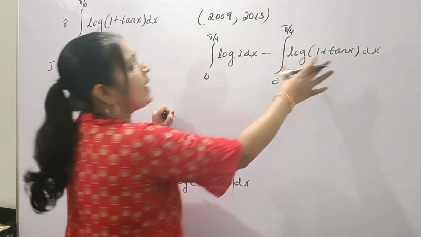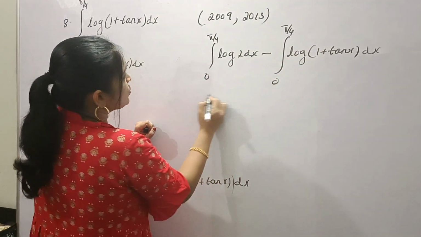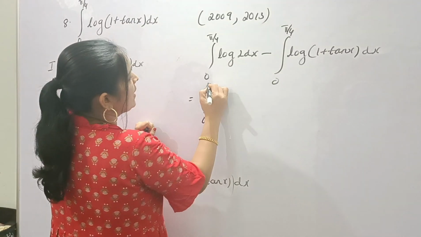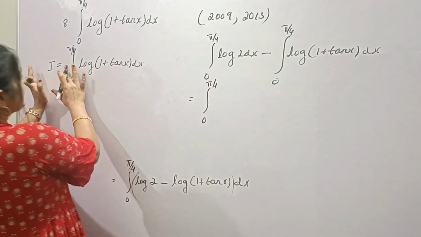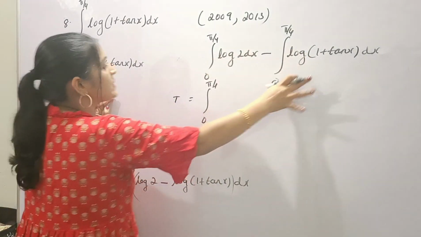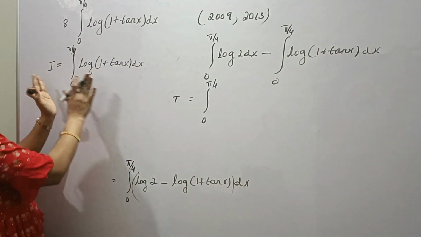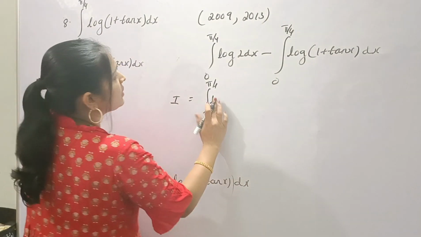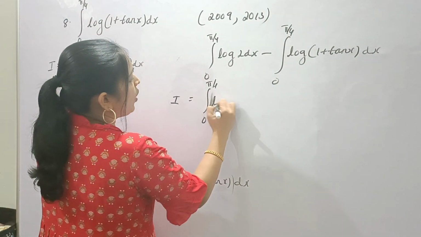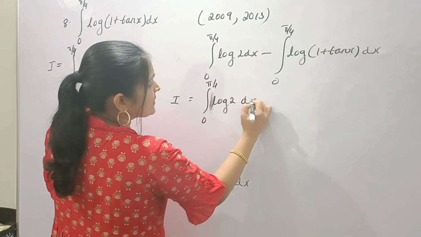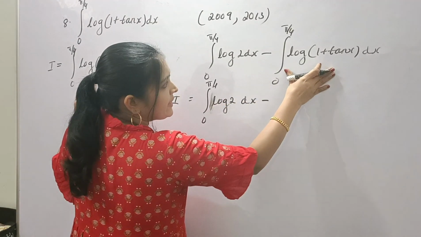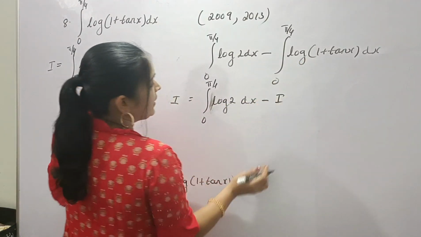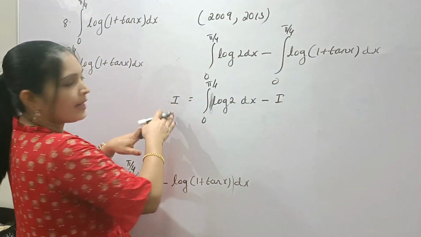So here it is nothing but I. So I is equal to integral 0 to pi by 4 log 2 dx minus I.